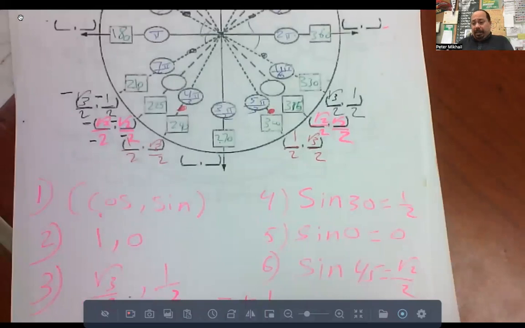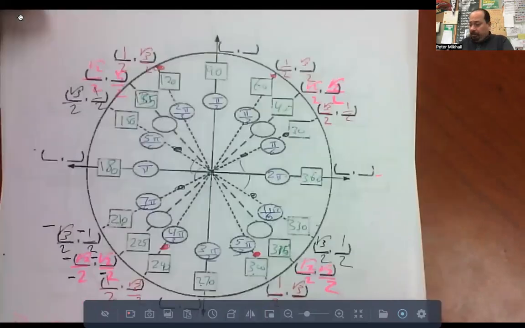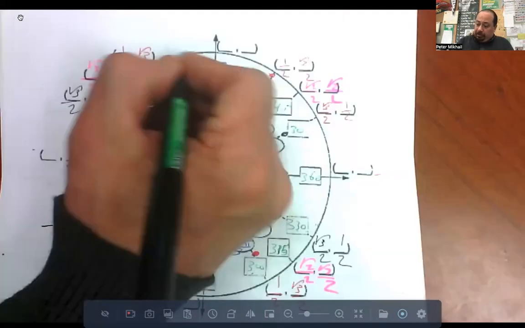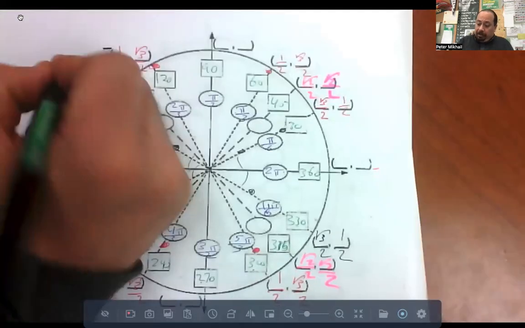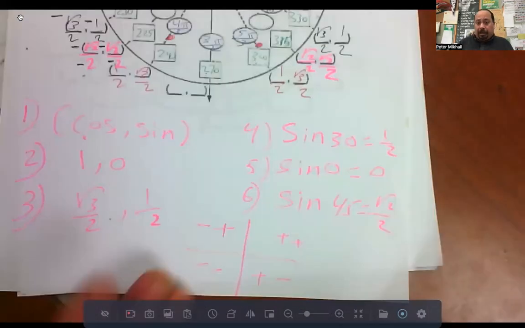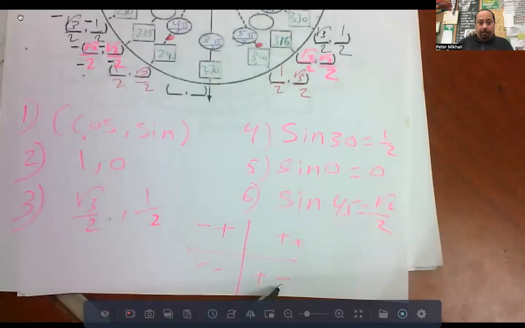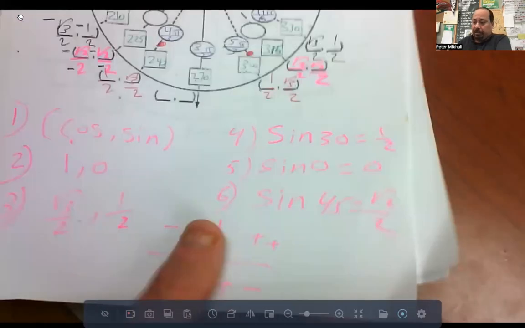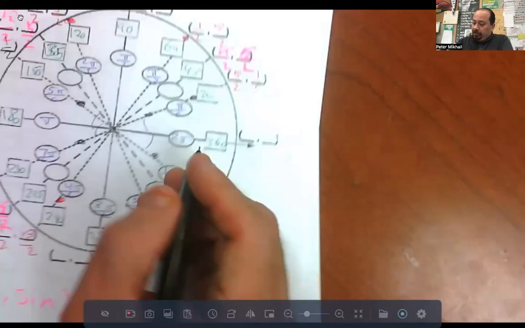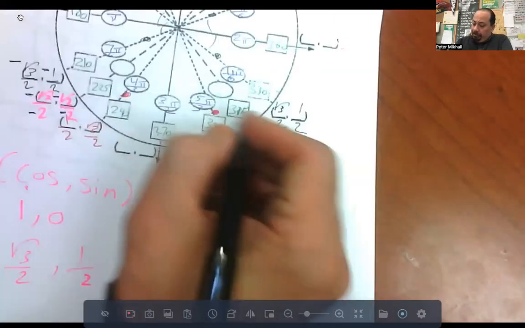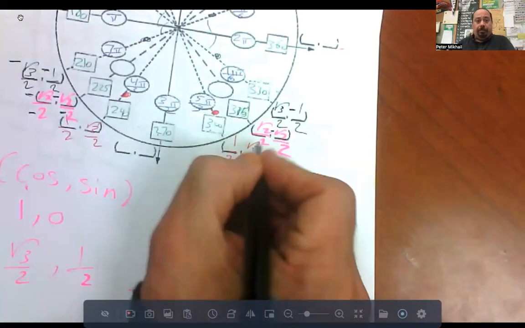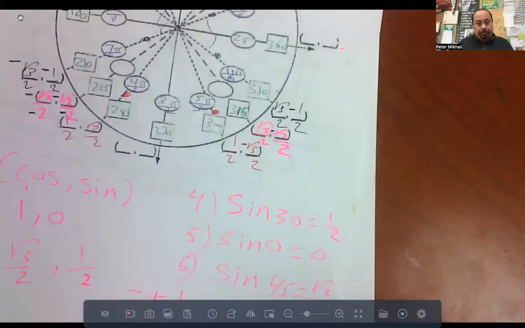The cosine is negative in the second quadrant, so I'm going to come to the second. The cosine is negative. And here, the sine is negative, in the fourth quadrant. Remember, the vertical axis is the sine. So negative, negative, negative for the sine.